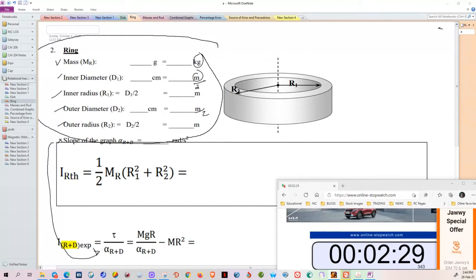What is D2? Diameter outside. We already calculated it, or we already measured it. So Muhammad has 1.63 by 10 raised to minus 3. Anyone else?